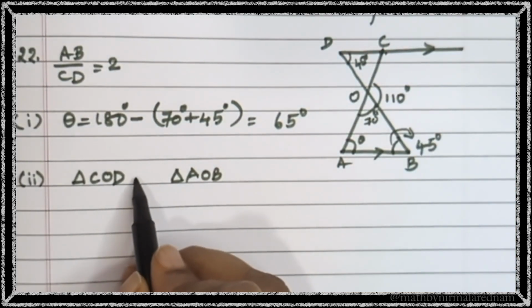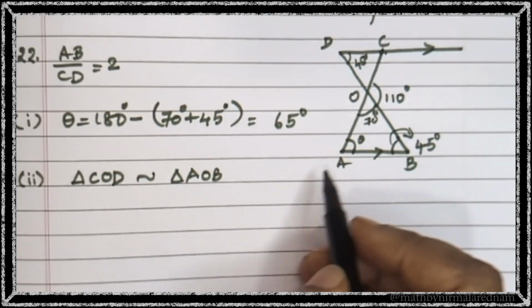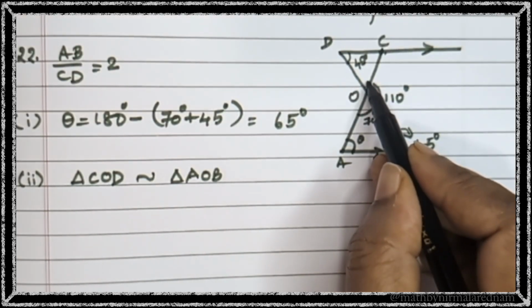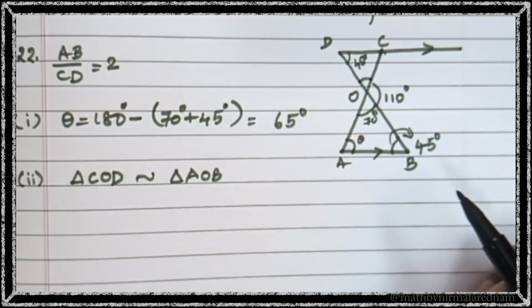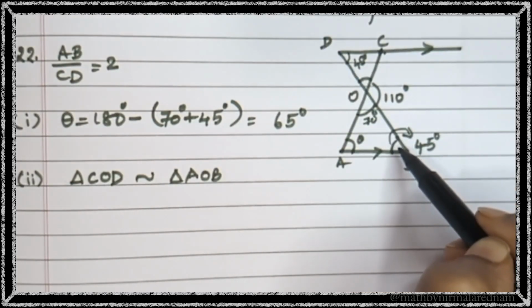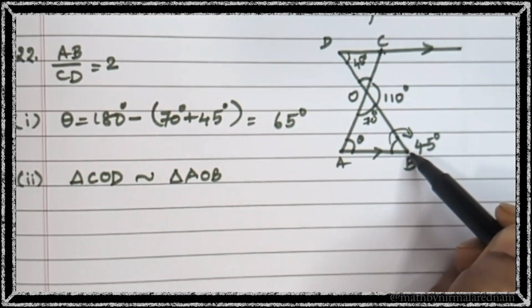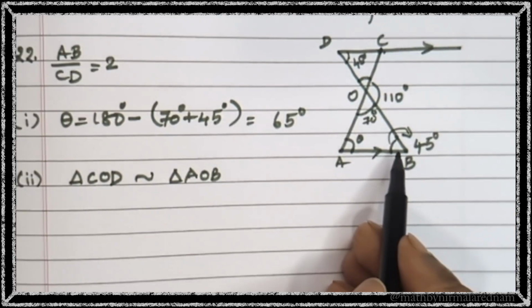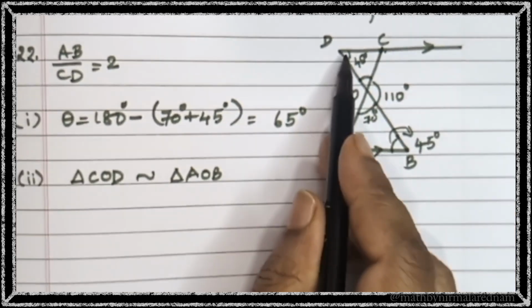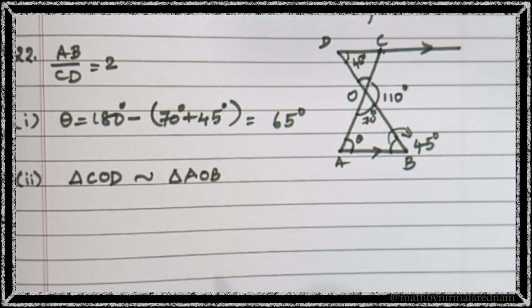So these two triangles are similar. How do we know that? This is a vertically opposite angle. If this is 70, this is also 70. And as we've already seen, these are alternate interior angles and these two are of equal measure. And so I have two similar triangles, COD and AOB.